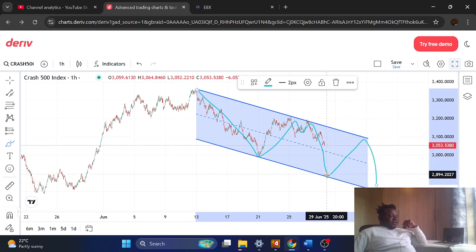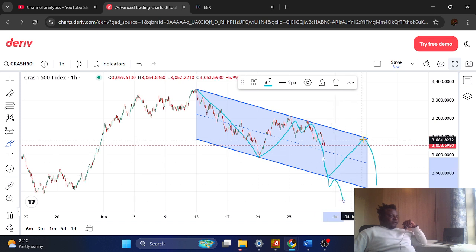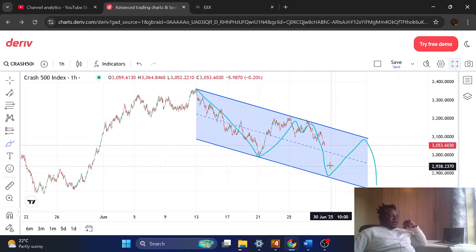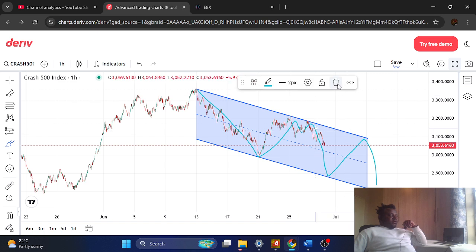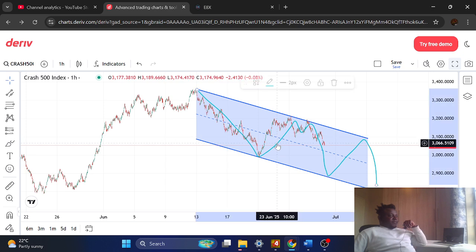But this is what I'm expecting. If the market happens to reach here and breaks this channel and then continues going down, we won't have to wait for it to respect the channel any longer. So like that, we now know what the market might do on the 1-hour time frame.